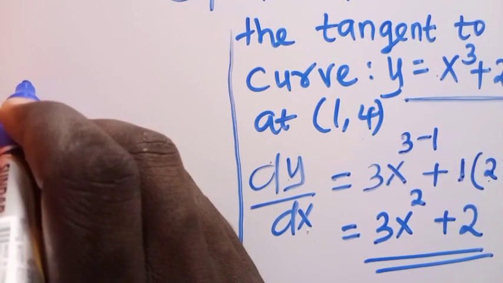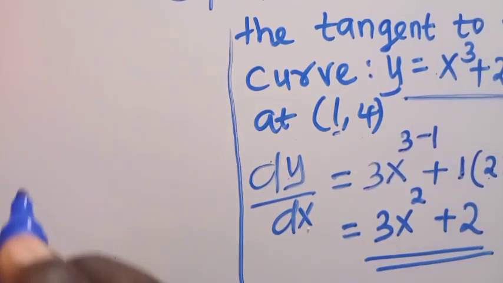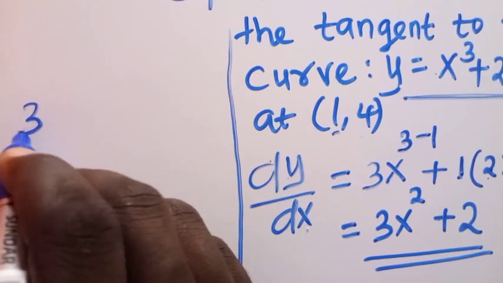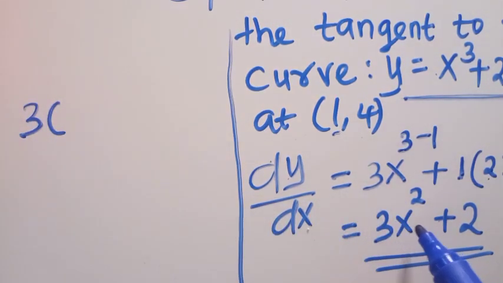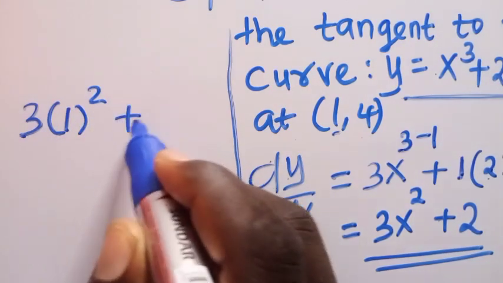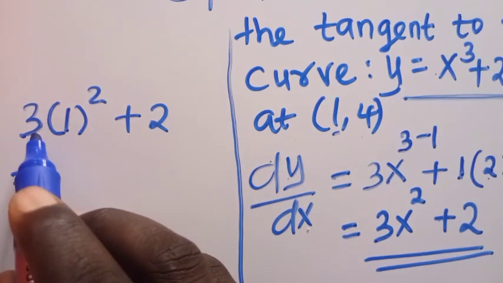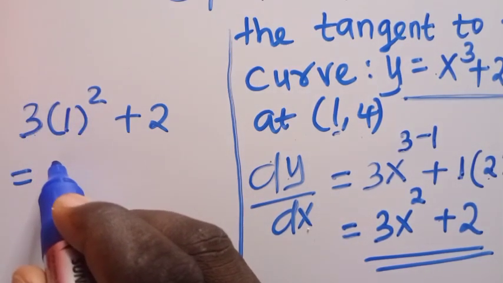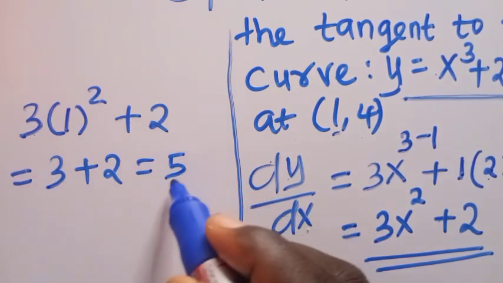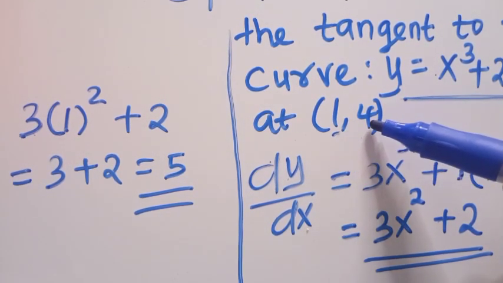If we substitute x equals 1, we have 3 times 1 squared plus 2. 1 squared is 1, times 3 is 3, plus 2 we get 5. So this is the gradient of the curve at the point (1, 4).